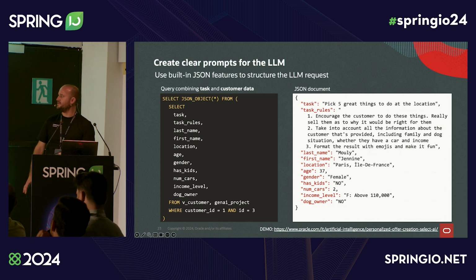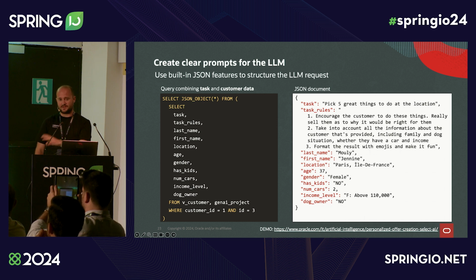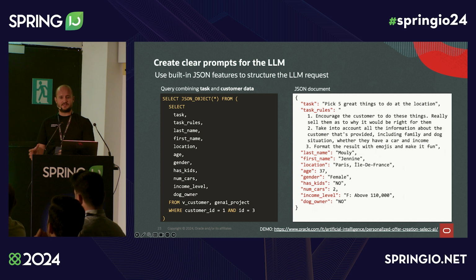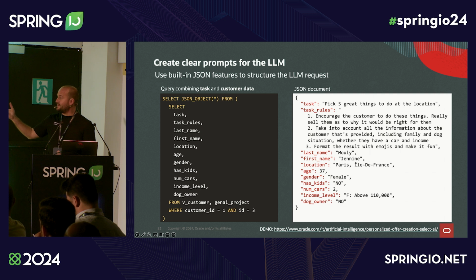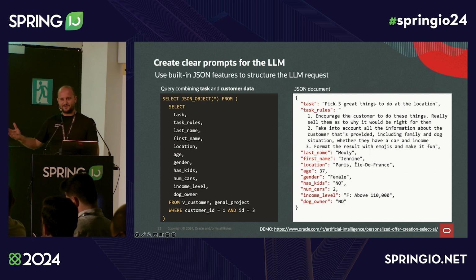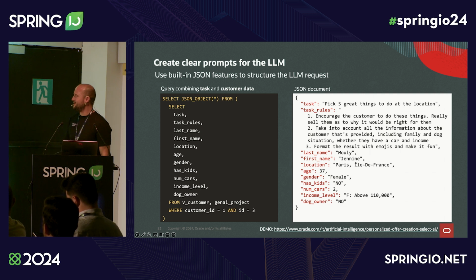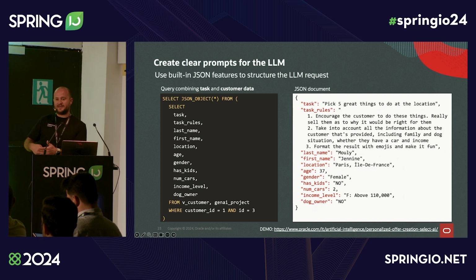So one example is, imagine that you have a back office person, someone internal in your company that has to do some tasks. And there is some business requirements. One of them will be the task rule. And the task rule will be, well, sometimes you find that in a Jira ticket. Encourage the customer to do these things. Imagine that you are recommending something through an email to a key account.